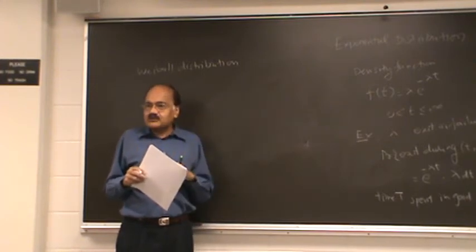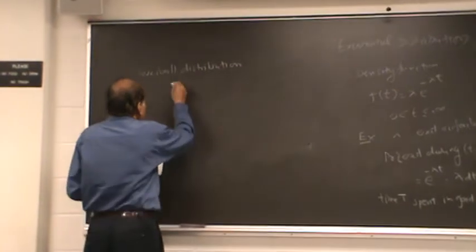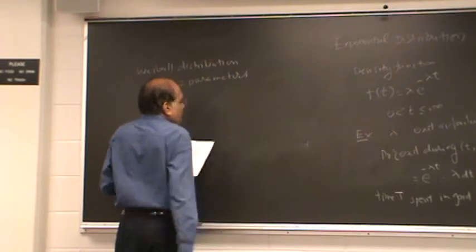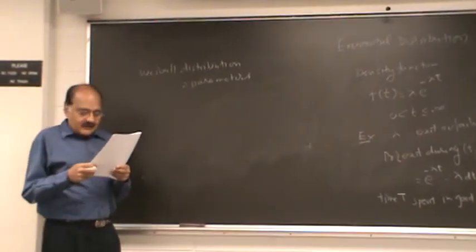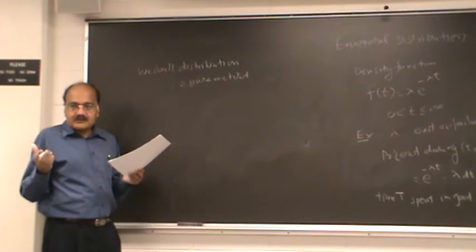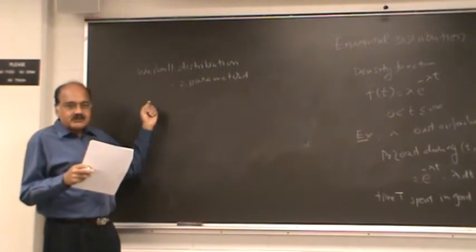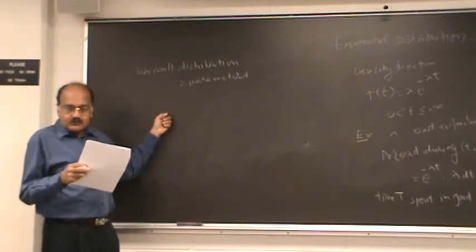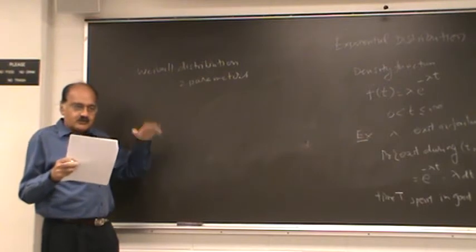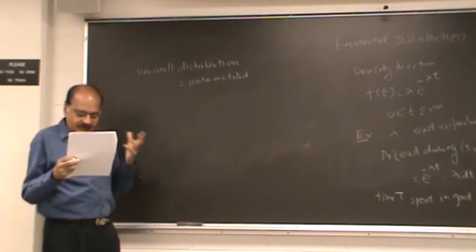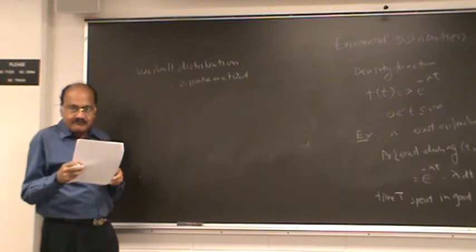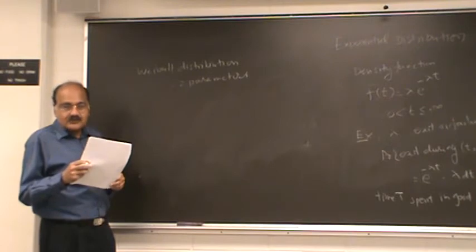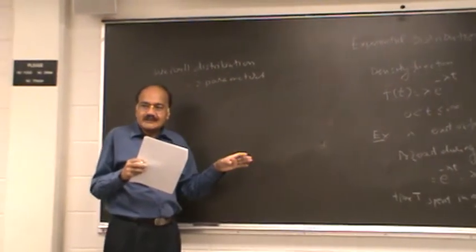You can go to Weibull distribution, and it has two parameters. And because it has two parameters, you can make it fit better. And a special case of Weibull distribution is exponential distribution. So Weibull distribution is more general. Although in our work, we will mostly be using exponential distribution because it makes the calculations more tractable.